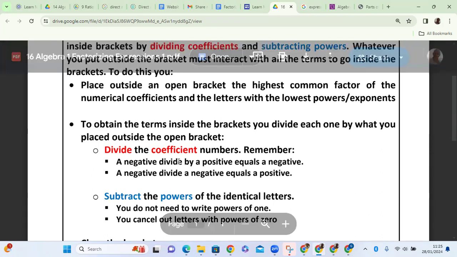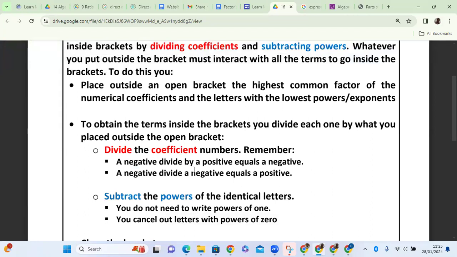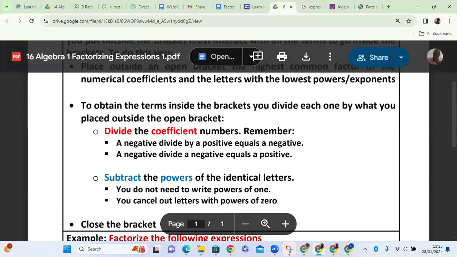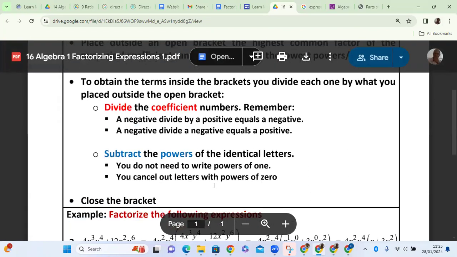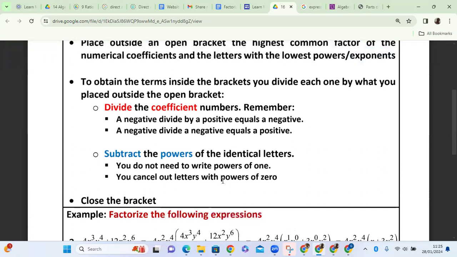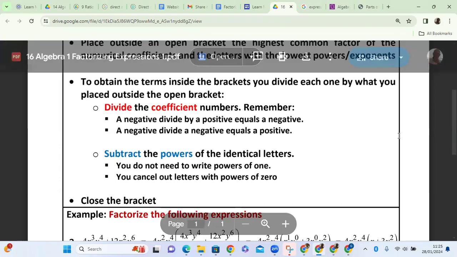Remember, a negative divided by a positive is a negative, and a negative divided by a negative is a positive. And then you're going to subtract. When you divide the letters, you have to subtract the powers of the identical letters. You do not need to write powers of 1. You can cancel out letters with powers of 0. So anytime you have a power of 0, that's actually 1. So let's go to an example.